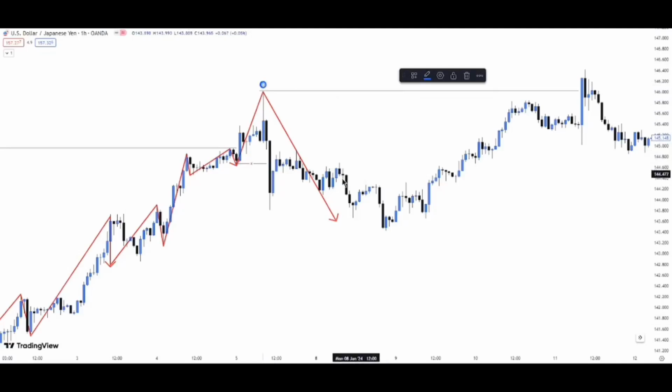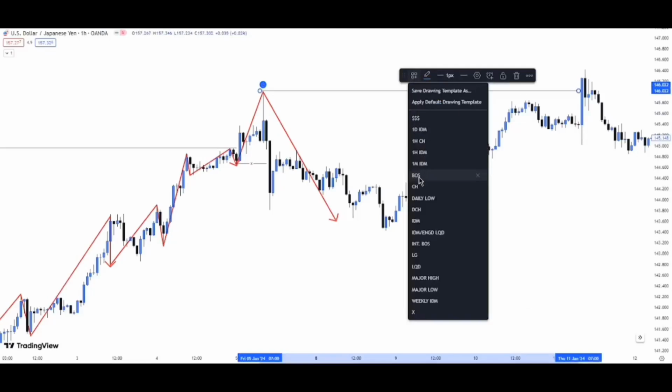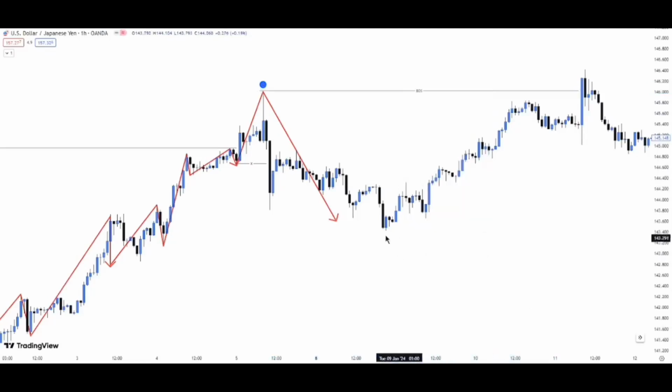I hope you understand. So now price took out that structure, and which is called, what do you call that? That is known as break of structure. That's your break of structure. And so this low of yours now is confirmed. I've told you, don't mark your pullback just yet until you find your high and low and wait for break of structure. So that's your low in the market.